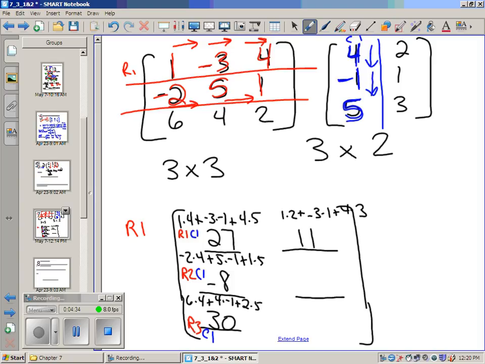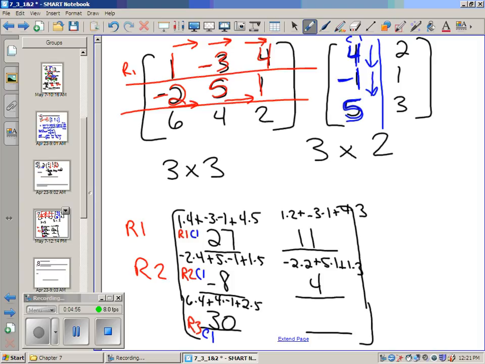Where am I going next? Negative 2 times 2, because remember, we moved over to column 2. So negative 2 times 2 plus. Good. So negative 4 plus 5 is 1, plus 3 is 4.